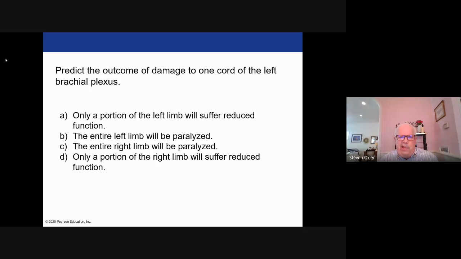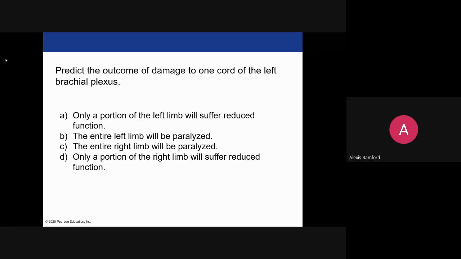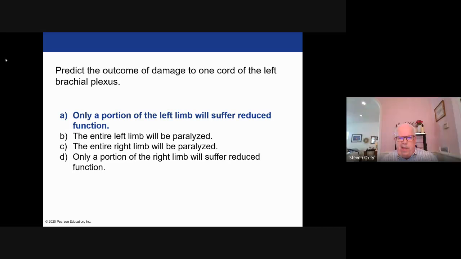So if you only damage one nerve of the left brachial plexus, what are you left with? A. Bingo. You have paralysis of some function of your left limb.